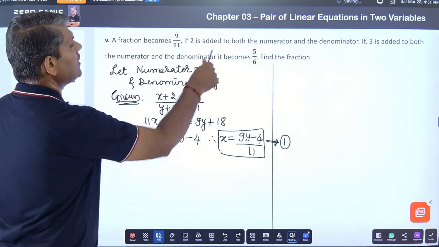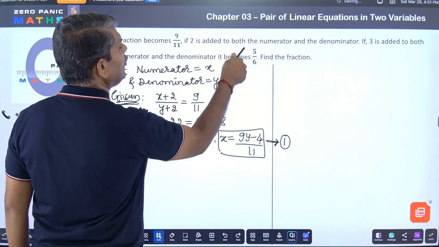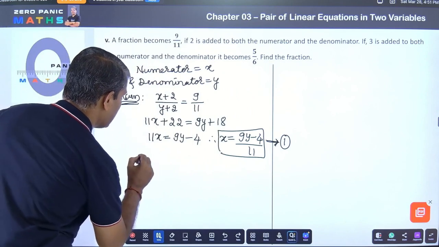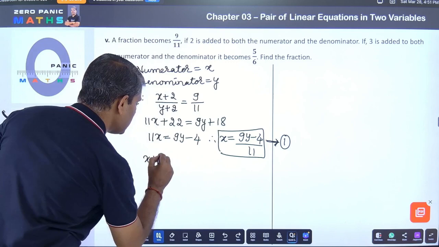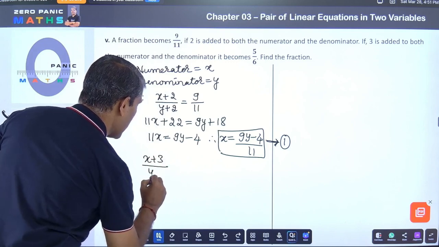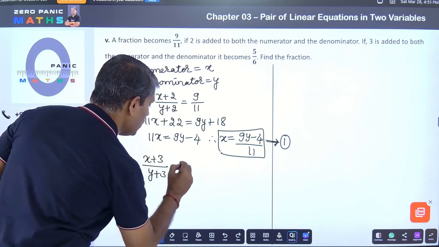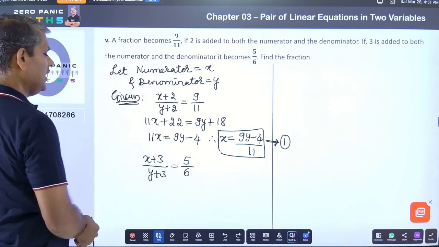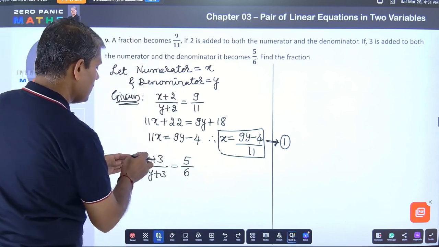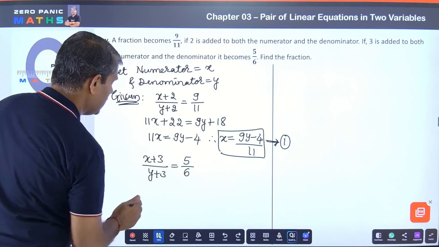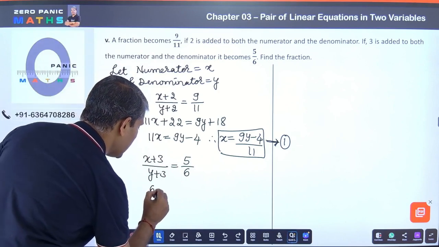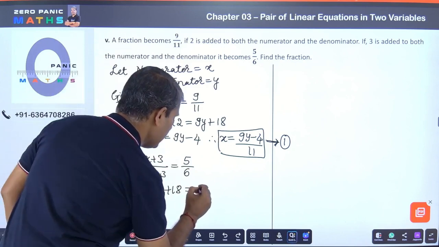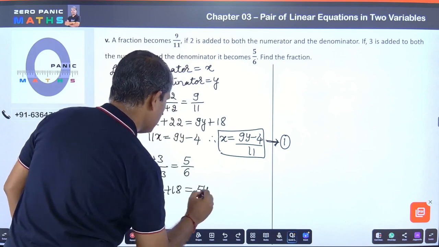Now what is the second part? The second part is, if we add 3 to both numerator and denominator, x plus 3 divided by y plus 3 is equal to 5 by 6. Let us resolve this also. 6 multiplied by x plus 3, that is 6x plus 18, is equal to 5y plus 15.